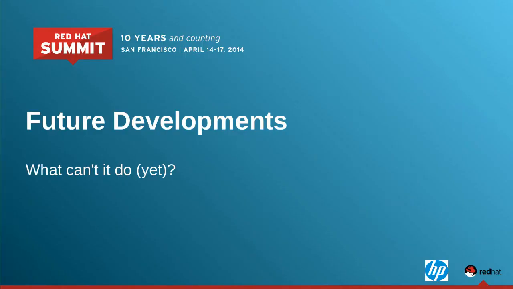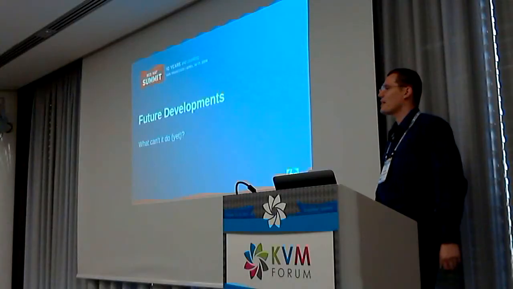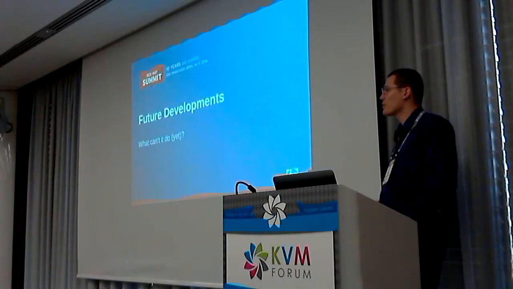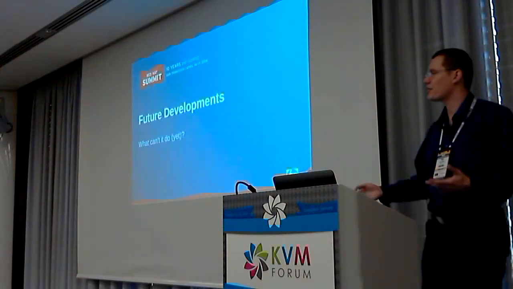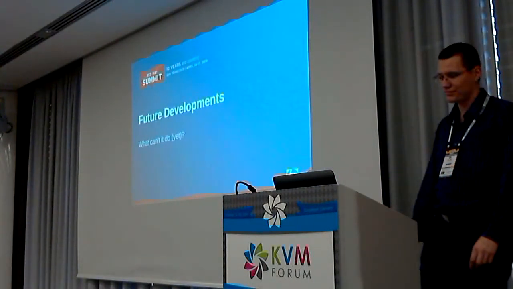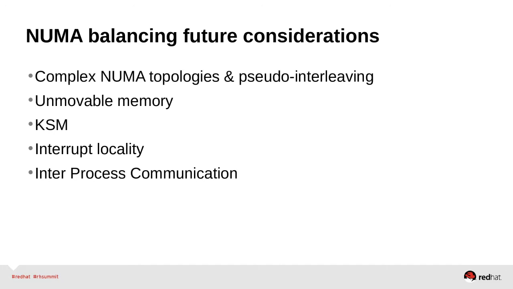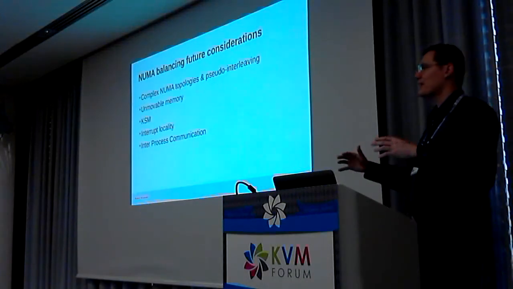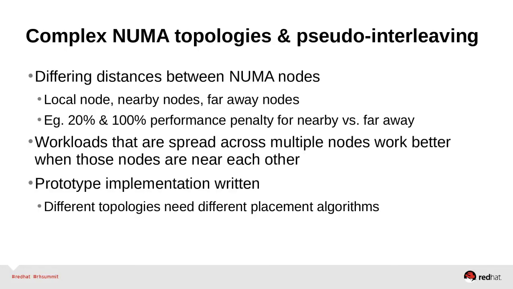So I'll just go into more technical details of things that I'm working on and things that we're not working on yet because we haven't gotten around to it, but stuff that a code should probably do in the future. A big one is dealing with very large NUMA systems where we are dealing with a workload that spans multiple NUMA nodes.